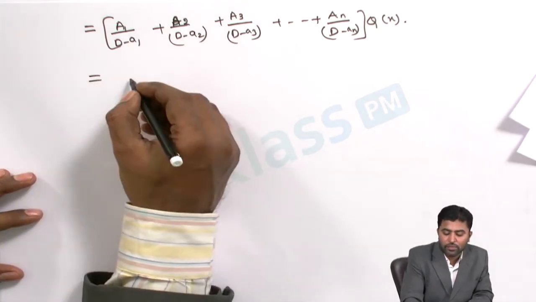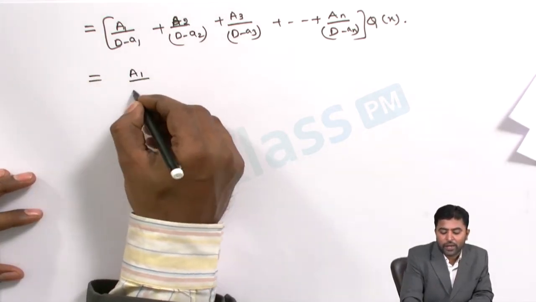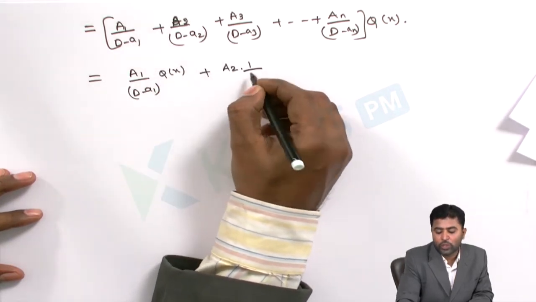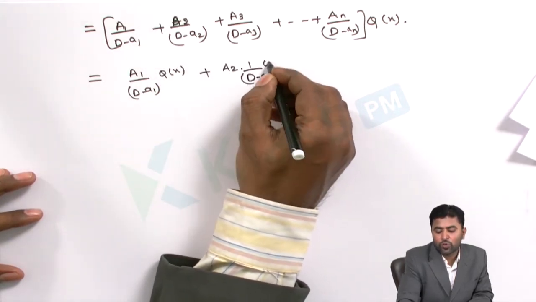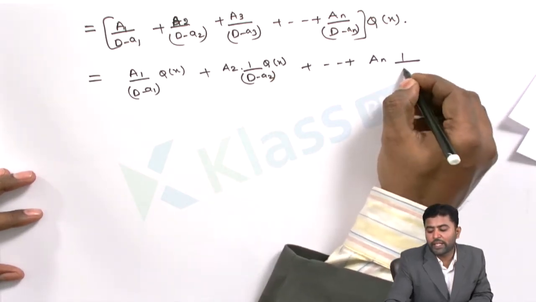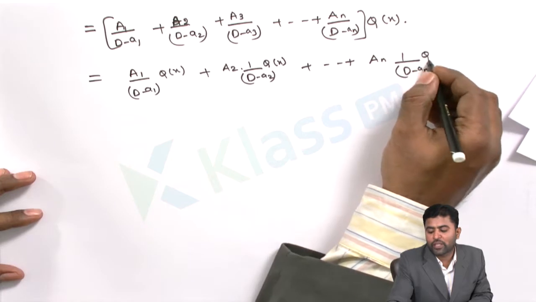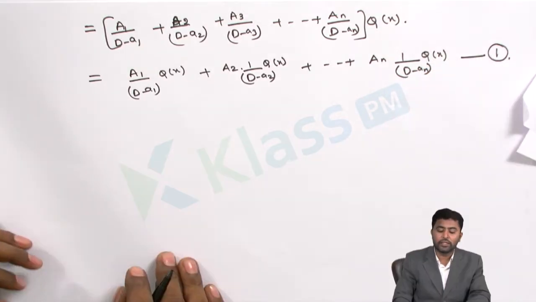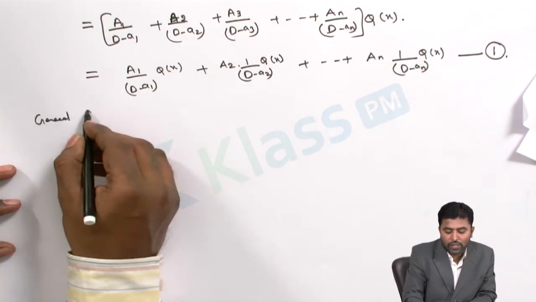Then I'll separate the terms. Then I'll write it as A1 by D minus a1 into Q of x plus A2 into 1 by D minus a2 Q of x plus and so on, An 1 by D minus an into Q of x. I'll write this as equation 1.